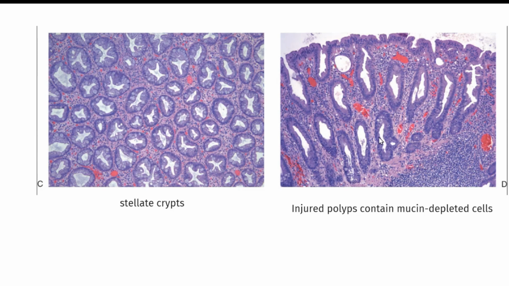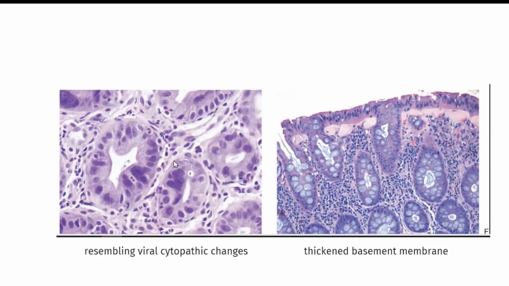Then if the polyp gets injured, it will lose most of this mucin. You could not see any goblet cell, but it's still a hyperplastic polyp. Sometimes the hyperplastic polyp has nuclei merged together, forming what look like viral cytopathic changes.